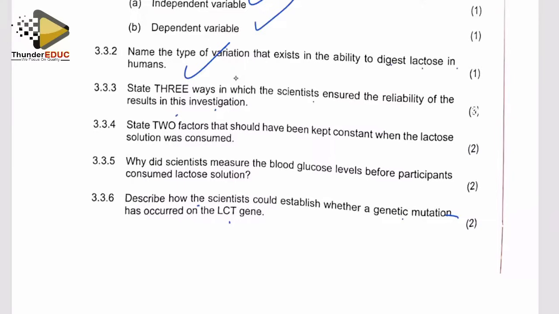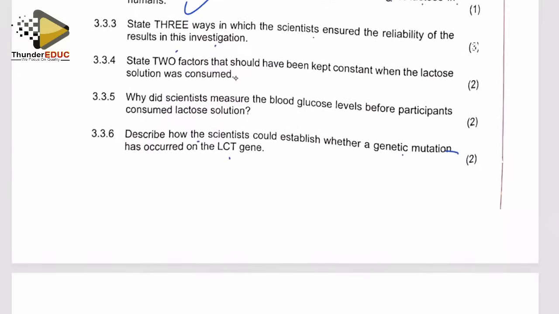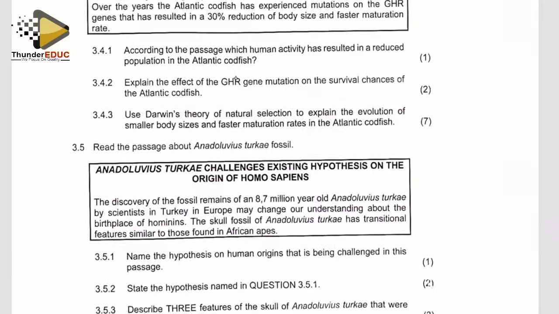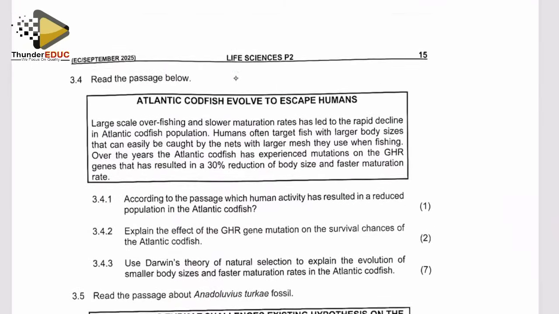If they see that there is a difference, then automatically it means that there was a mutation. So they first identify the one which is tolerant and the one which is intolerant, and then compare. If there is a difference, it shows that there was a change in the sequence of the gene, which means it was a mutation.